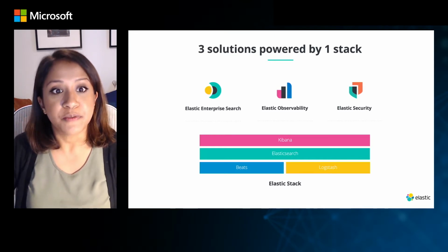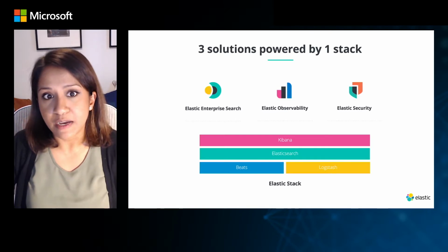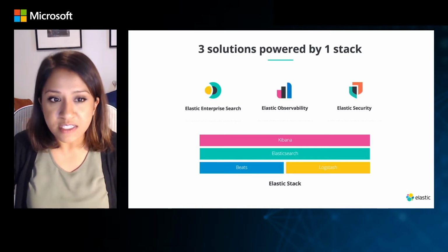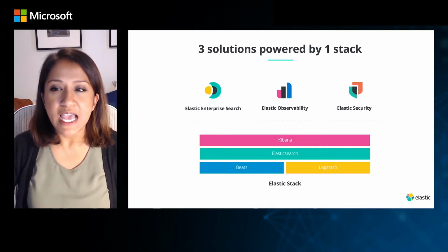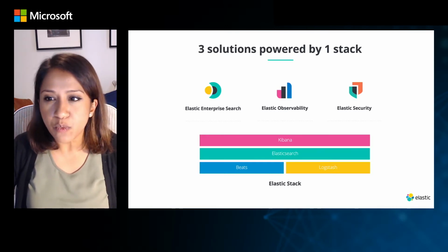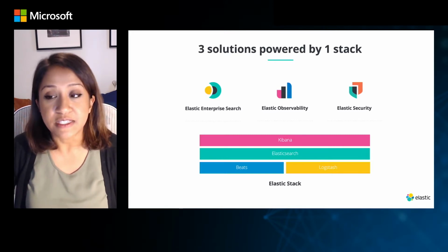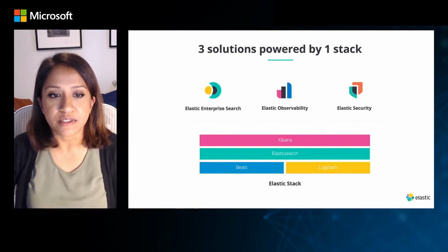So the Elastic Observability solution brings these four pillars of operational data. We say four pillars of data: logs, metrics, uptime, and traces, into one single unified solution. And our goal here with Elastic Observability is to give you end-to-end visibility into the health of your digital ecosystem.